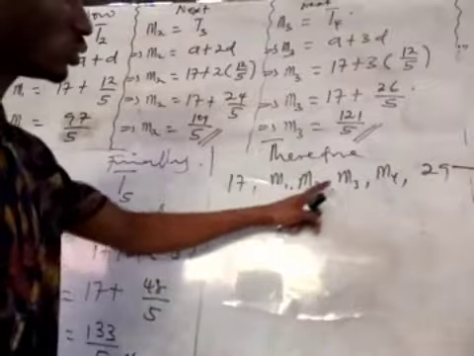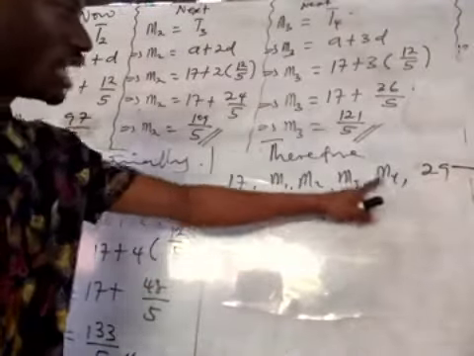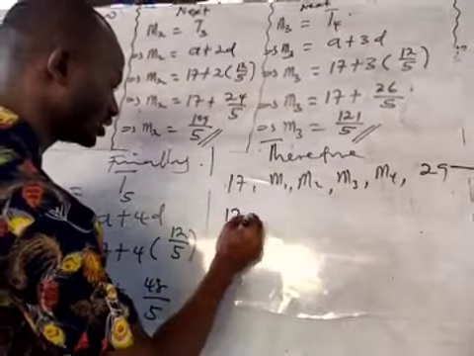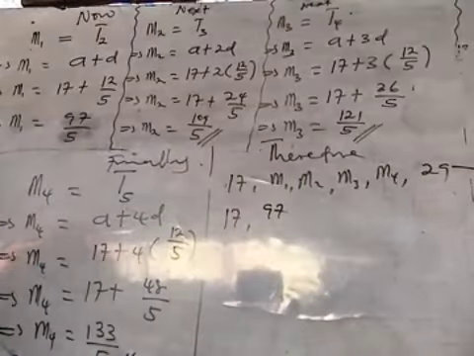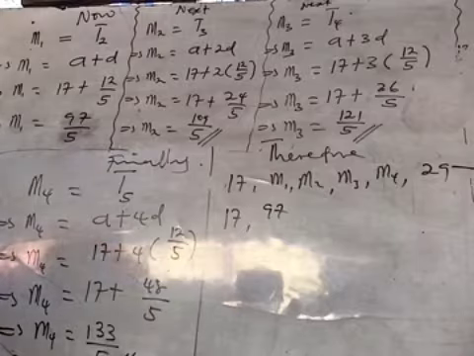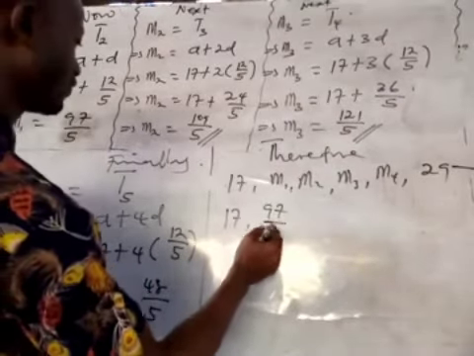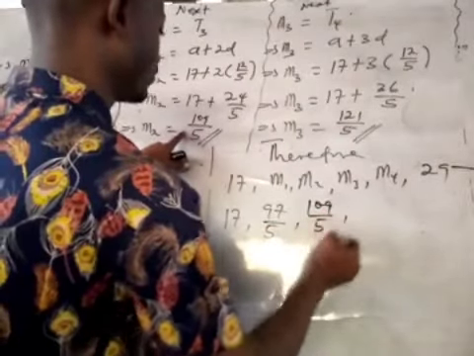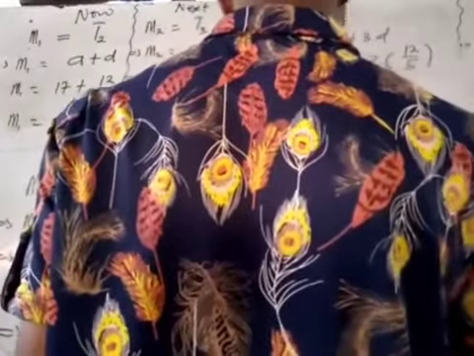So we have found the values of M1, M2, M3, and M4, and this now becomes 17, comma, M1 is 97 over 5, and MO2 is 109 over 5, and MO3 is 121 over 5, and MO4 is 133 over 5.